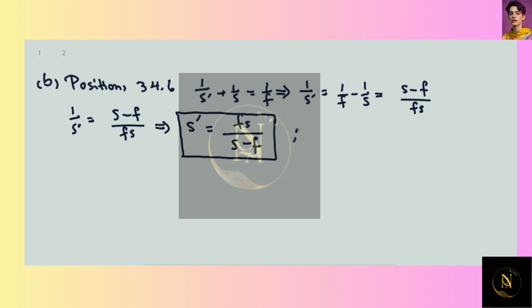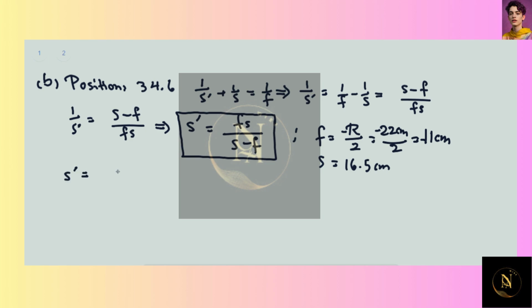And we know that f is the radius of curvature over 2, and we're given that it's 22 centimeters. So if we divide by 2, then we have 11 centimeters. But note that R is negative since the mirror is convex. So that is negative 11. And we're also given s. So s is 16.5 centimeters.